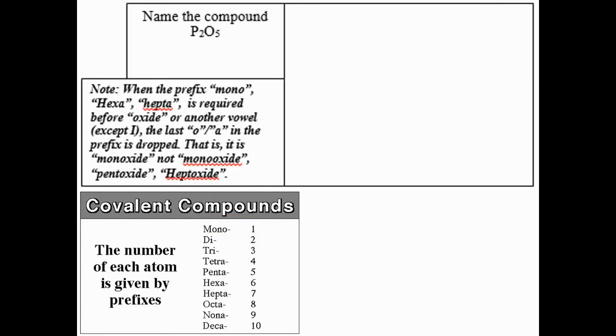So we'll try this example here. Our first element is phosphorus, and there's two of them. So we have diphosphorus, and then oxide.